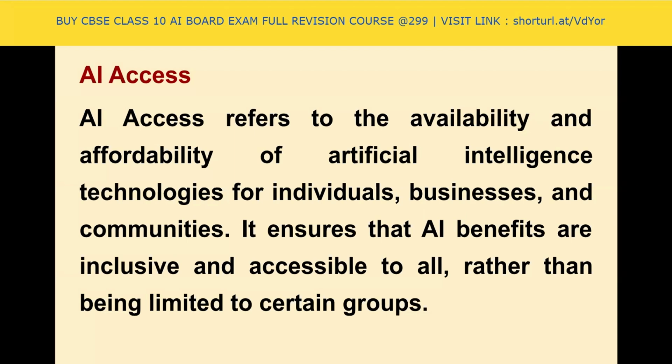So, what is basically AI access? AI access refers to the availability and affordability of artificial intelligence technologies for individuals, businesses, and communities. It ensures that AI benefits are inclusive and accessible to all, rather than being limited to certain groups.